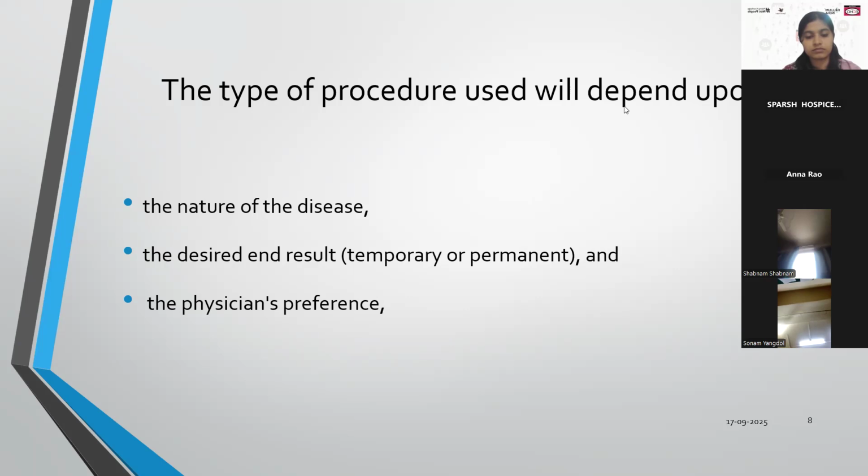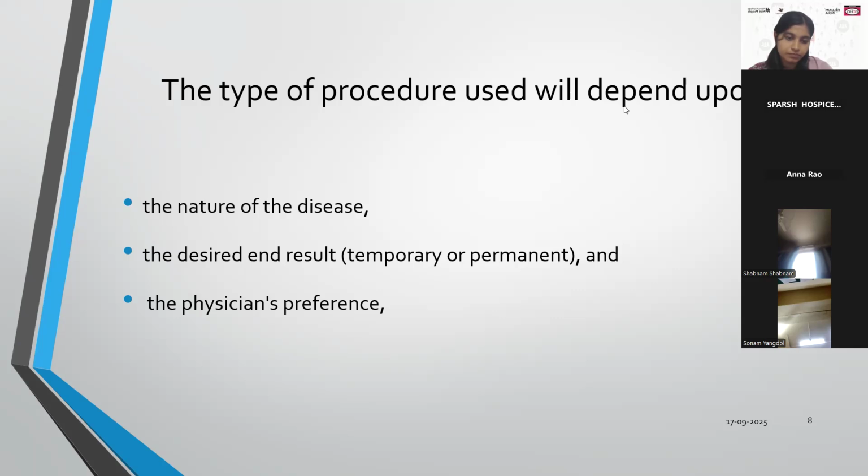Another one is double barrel colostomy. Here the bowel is severed and both the ends are brought out onto the abdominal wall. But only the proximal stoma is functioning. So in double barrel also there are two separate openings. You can see in the figure.